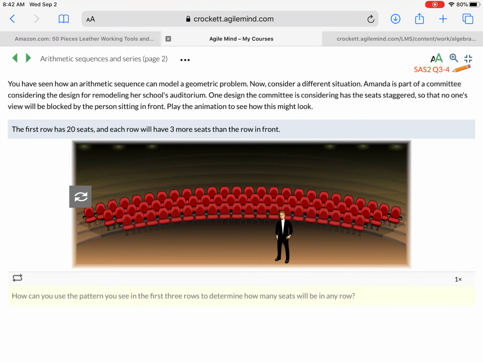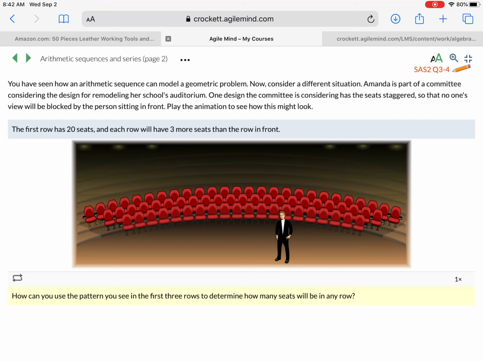All right, so if you notice, the first row has 20 seats, and each row after that will have 3 more seats. Okay? It says right here at the bottom, how can you use the pattern you see in the first 3 rows to determine how many seats will be in any row?